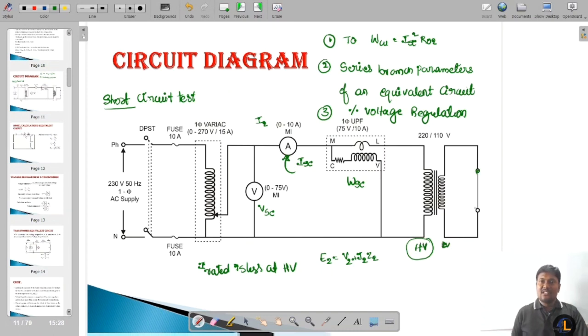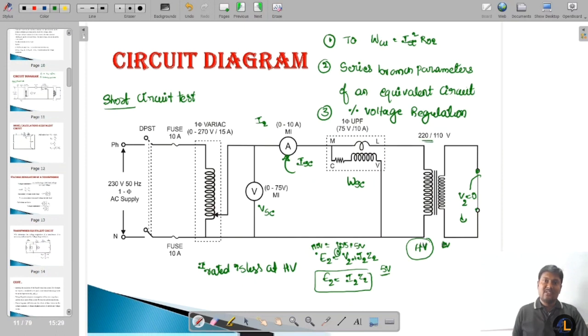Under short circuited condition, the terminal voltage V2 is equal to 0 and E2 is required to meet the drop only. Suppose E2 is 110 volts and V2 is 105, and 5 volts is the drop. This 105 now will become 0. Only 5 volts is enough to circulate the rated short circuit current on the secondary side.